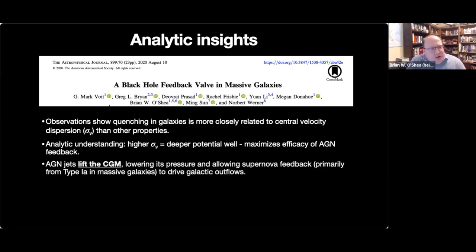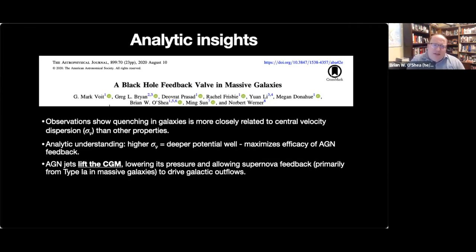One of the things that was postulated in this analytic work was that the AGN jets primarily lift the CGM. So instead of thinking about just making the CGM hotter in general, what that energy is doing is ultimately causing the CGM to be lifted up, moved upwards in the potential well, further away from the center of the galaxy.